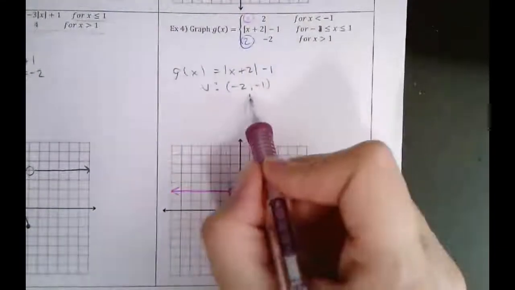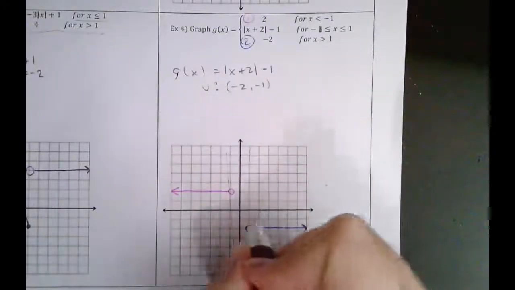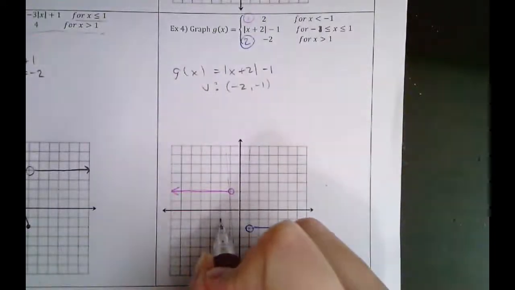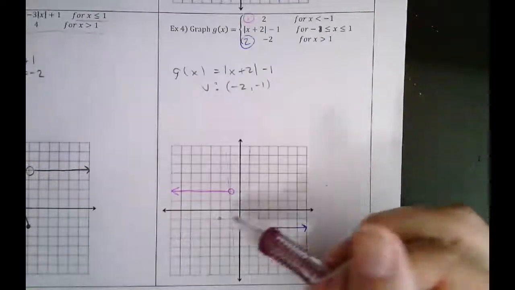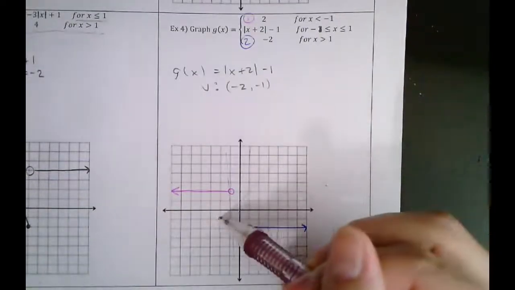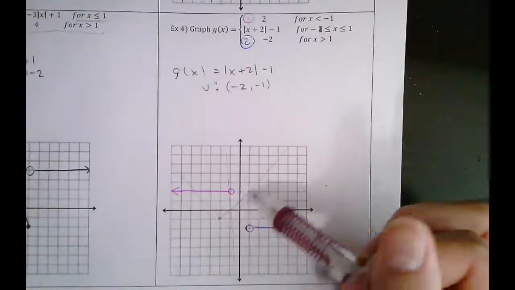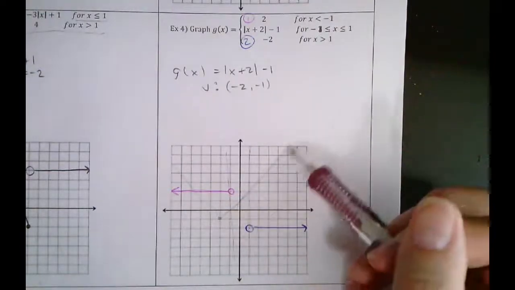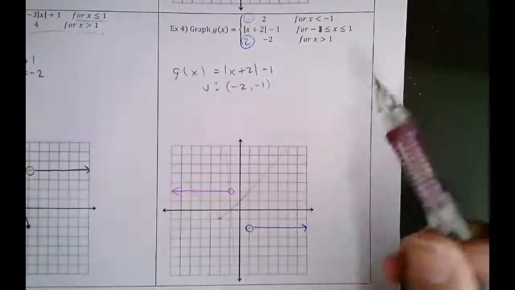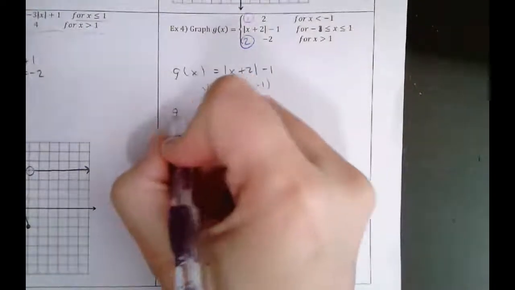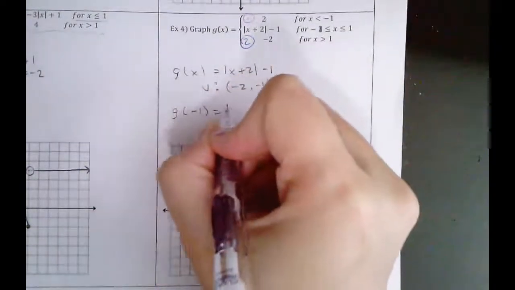So this vertex falls outside of that. It would be right around here, which means our absolute value function would do something like this. We're not going to see the V, we're just going to see this part. So in that case, we don't have to worry about the V, we're just going to see some sort of segment. So we should take -1 and plug it in.